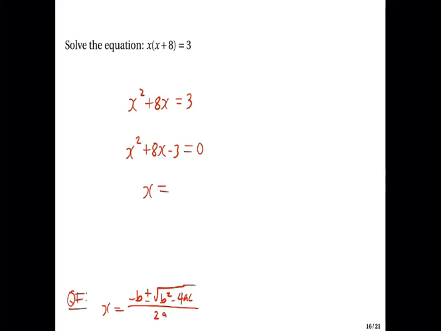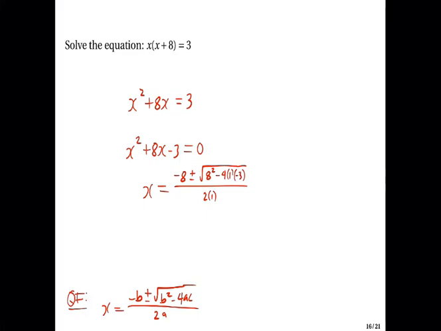So negative b, that's negative 8 plus or minus square root of b squared. So 8 squared minus 4 times a times c, divided by 2 times a.